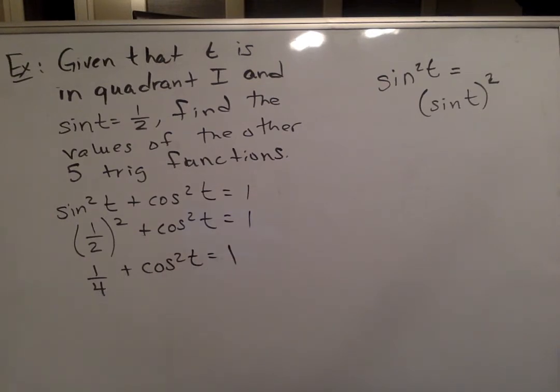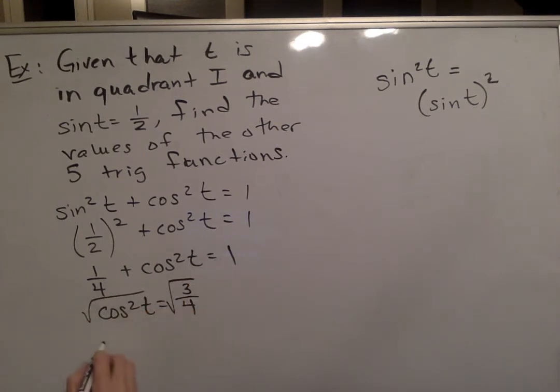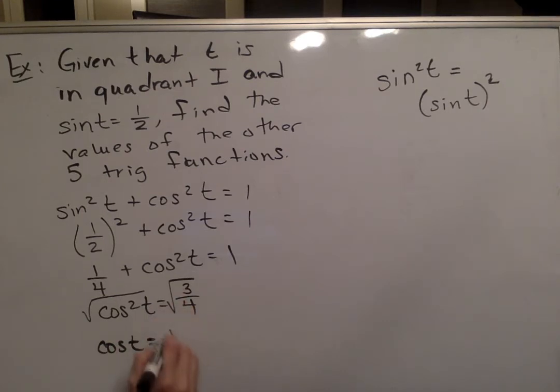We'll subtract 1/4 from both sides, so cosine squared is 1 minus 1/4, which is 3/4. Then we'll square root both sides. So the cosine is equal to the square root of 3 over the square root of 4, which is 2.